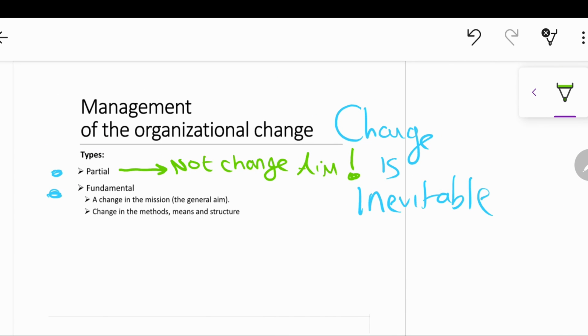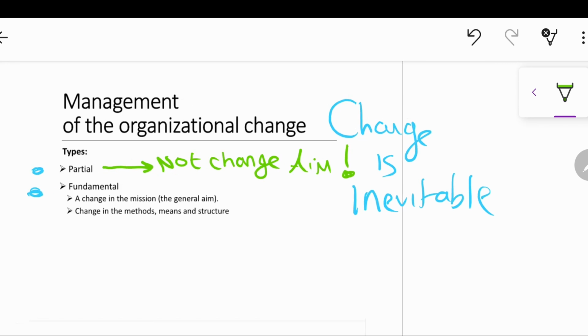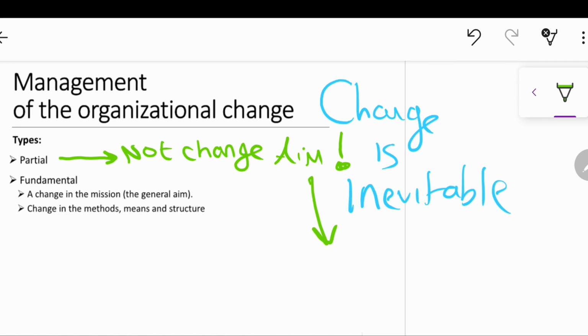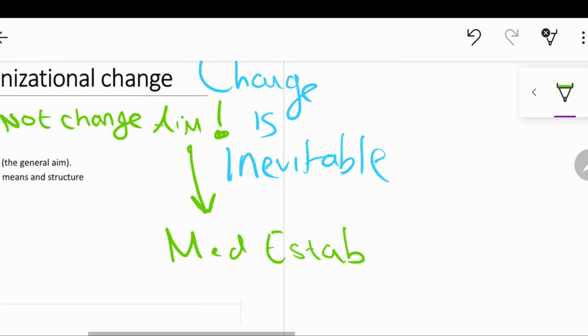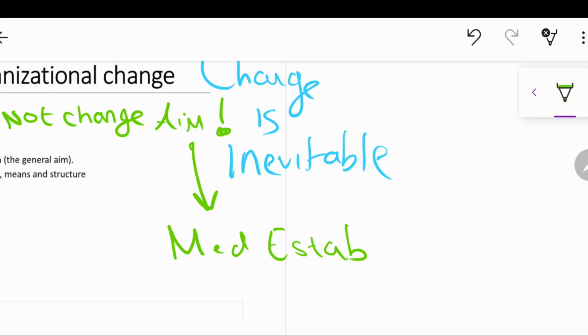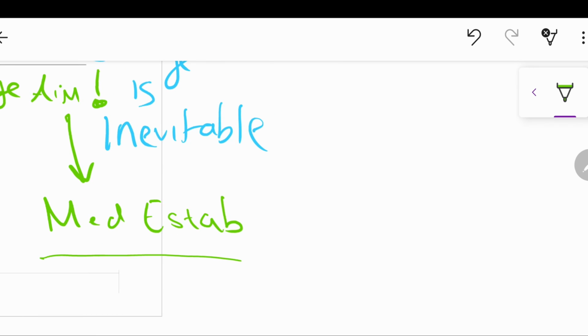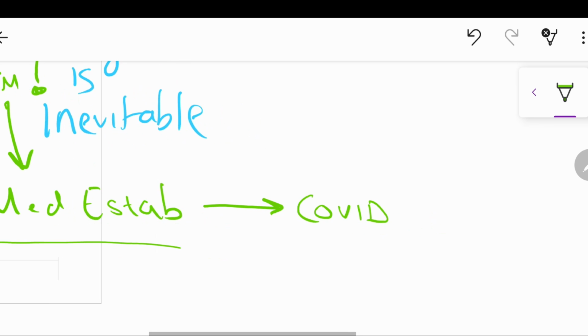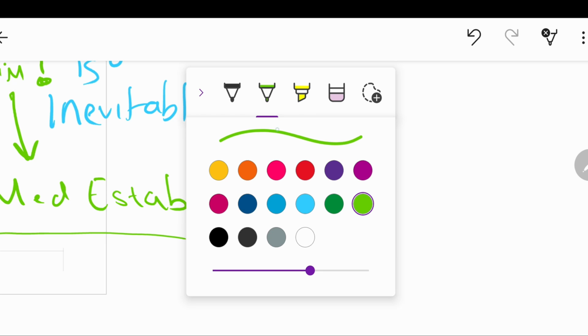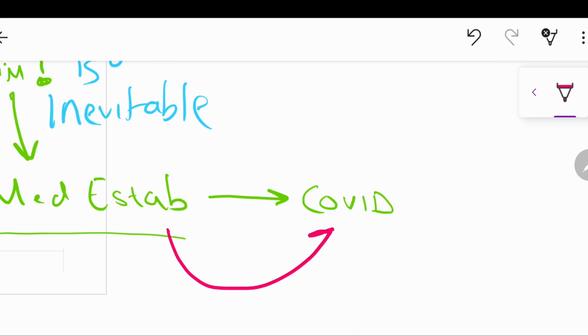All right. So let's say we have a medical establishment and the aim here is obviously for taking care of the patient healthcare in the medical establishment activities listed. However, let's say COVID happens. The medical establishments have to adapt to this. And how do they adapt?